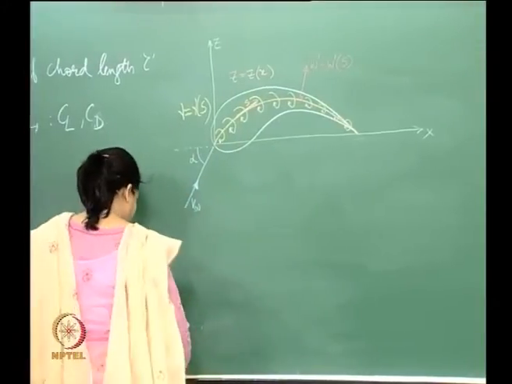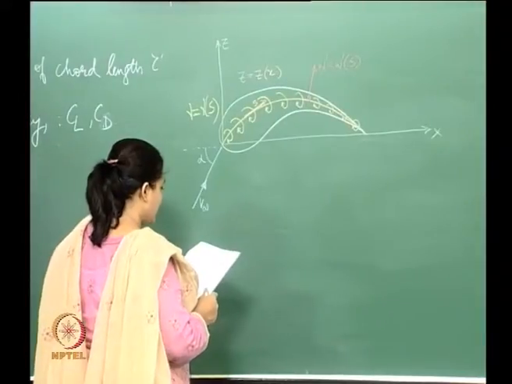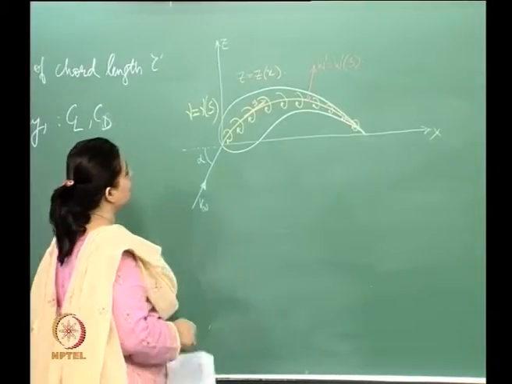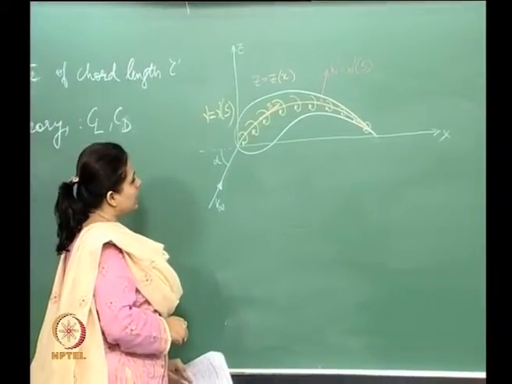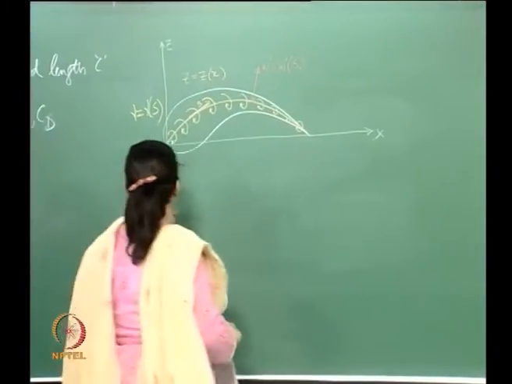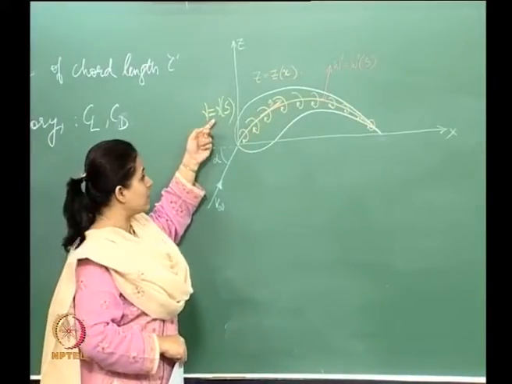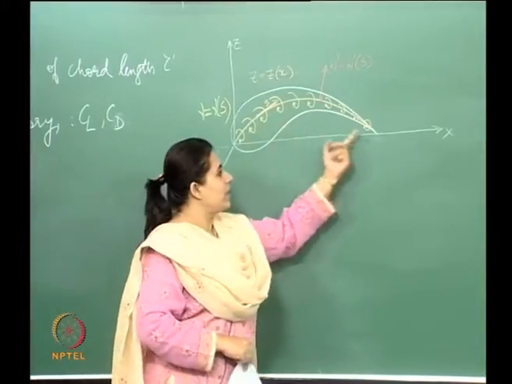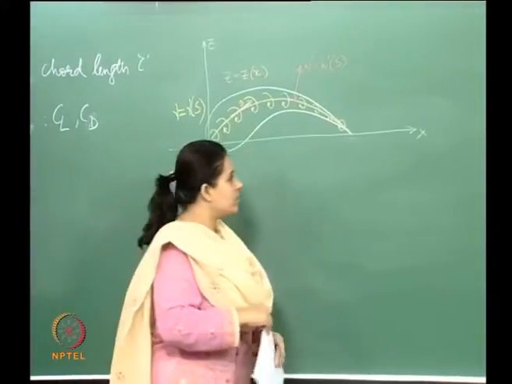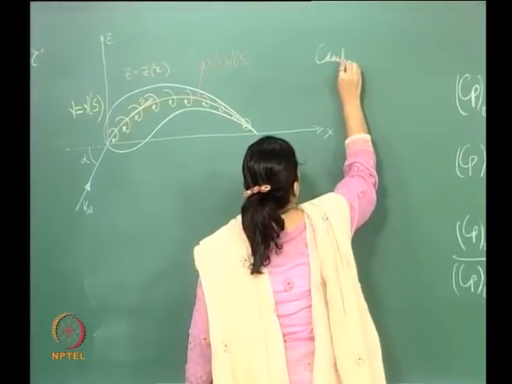Now, when we have a distribution like this, we need to satisfy a condition. Our objective here is to find a suitable distribution of vorticity such that this camber line is a streamline.